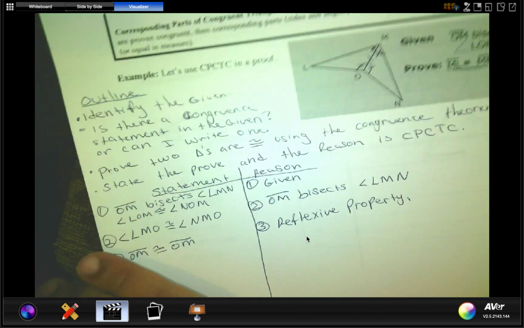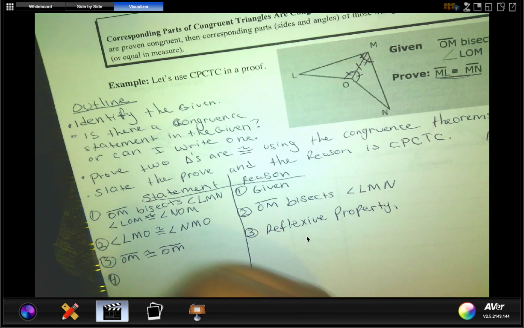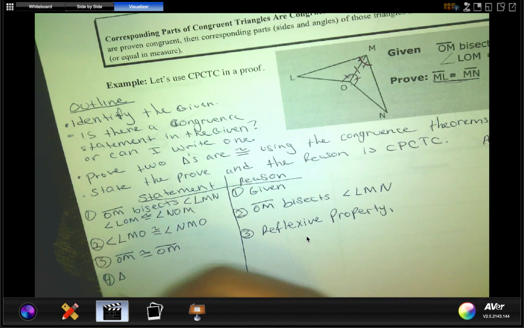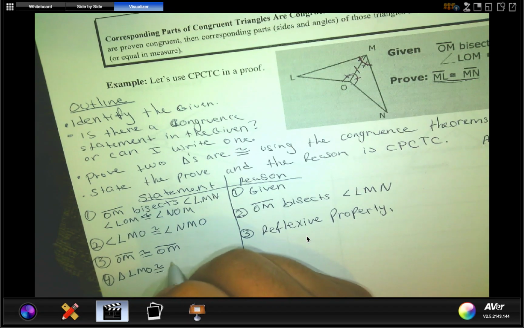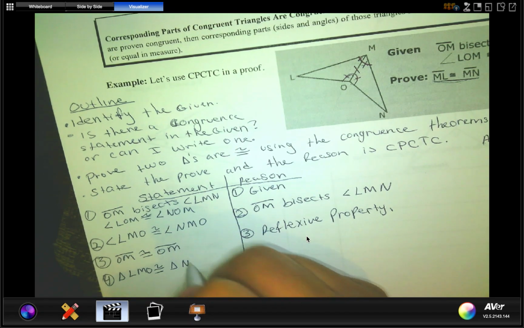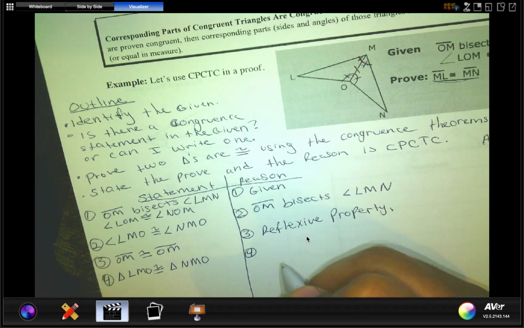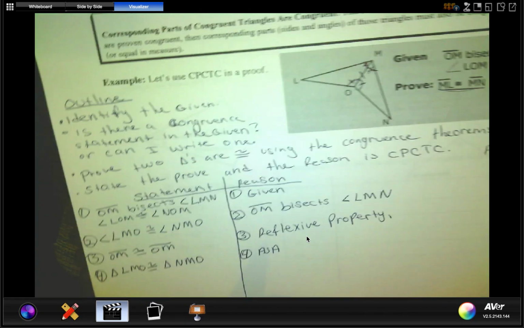And finally, I can say that my 2 triangles are congruent. Remember, I am not done here. That was the first thing I needed to prove. I needed to prove that triangle LMO is congruent to triangle NMO. And by what property? Well, by the angle side angle property.